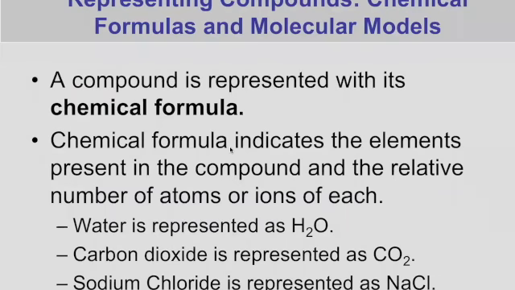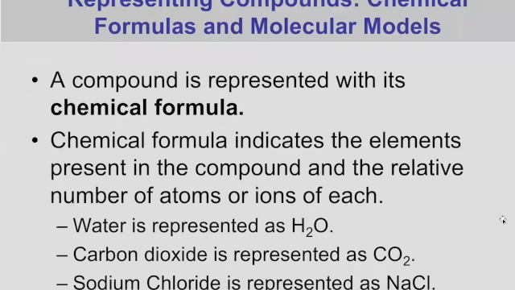When we represent a chemical formula, which means you have a ratio of different elements, we have different ways of representing these chemical formulas. For example, this is a chemical formula.